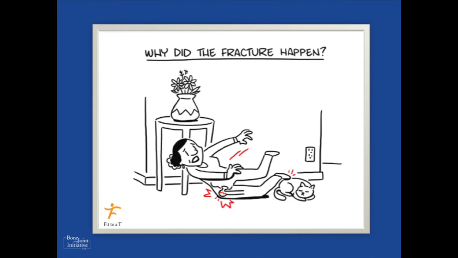This is an alarm. This is a red flag to the patient as well as their healthcare providers that this patient may have osteoporosis. Oftentimes these fractures are out of proportion to what you would think from such a simple fall. So if you have one of these falls from a standing height, you absolutely should be screened for osteoporosis.